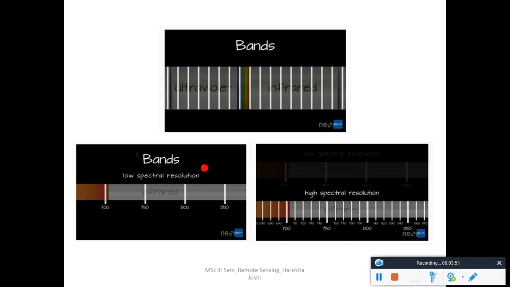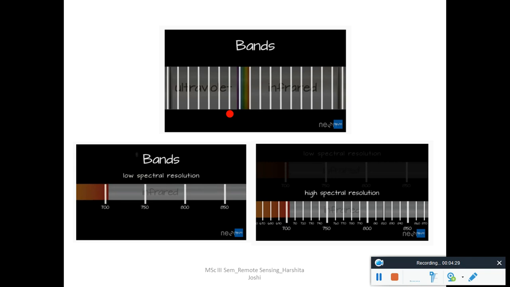If these bands are marked with a larger range, as shown here, it can be said to be low spectral resolution, because the word spectral defines the color which we identify. While studying remote sensing, in the beginning we must have only understood the optical range. So we divided various colors in accordance to the bands.